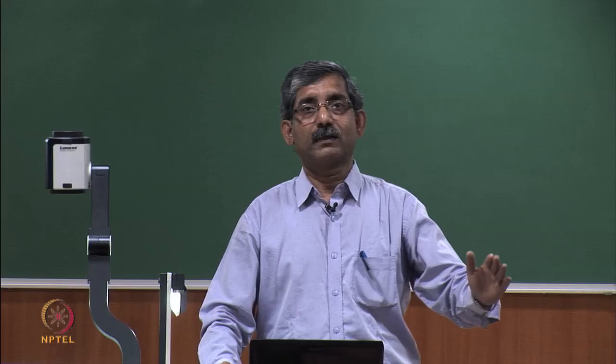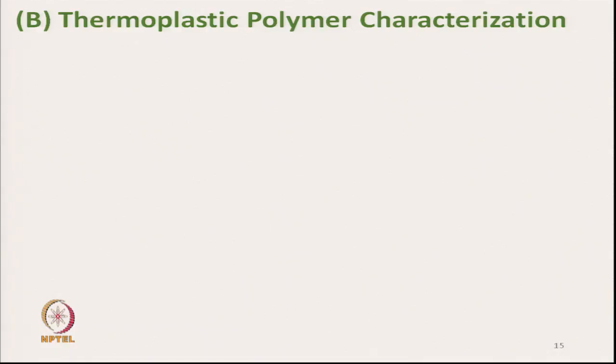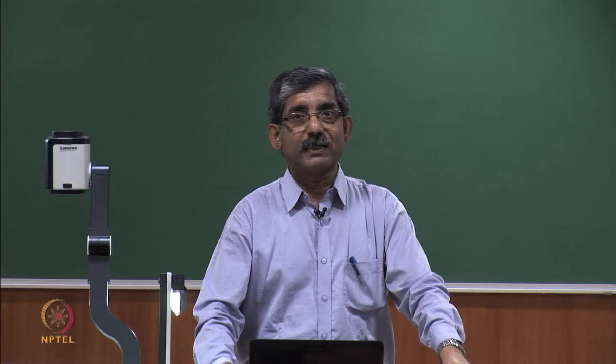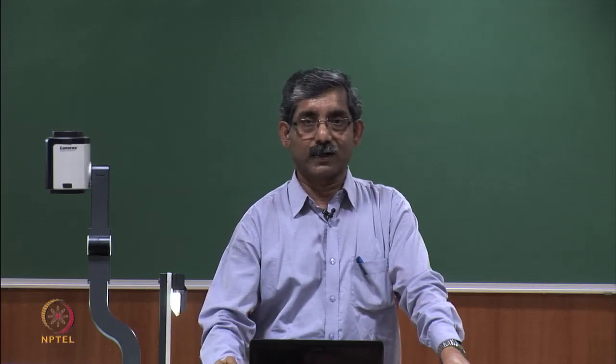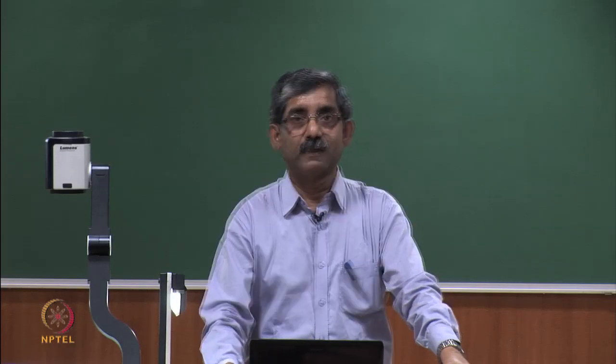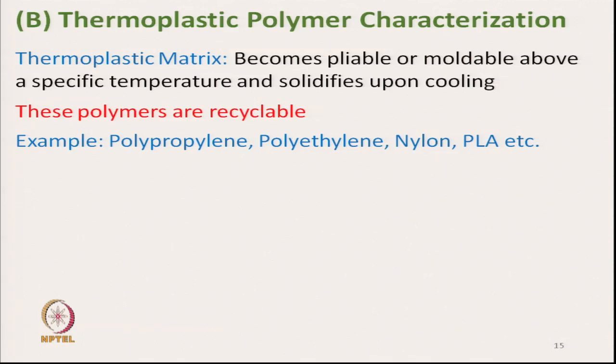After discussing the thermoset matrix characterization, now we will discuss the properties of thermoplastic polymer characterization, that is, the thermoplastic matrix materials. So, what is a thermoplastic matrix? A thermoplastic matrix becomes pliable or moldable above a specific temperature and solidifies upon cooling.